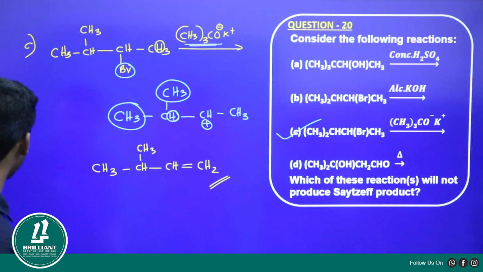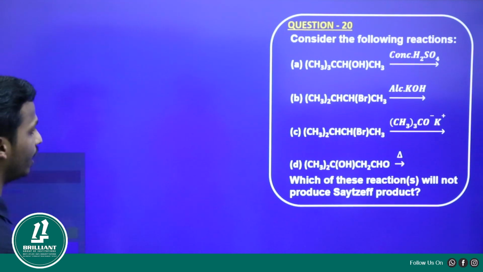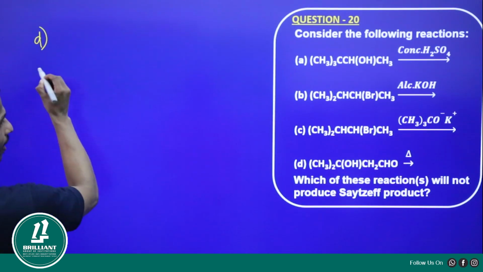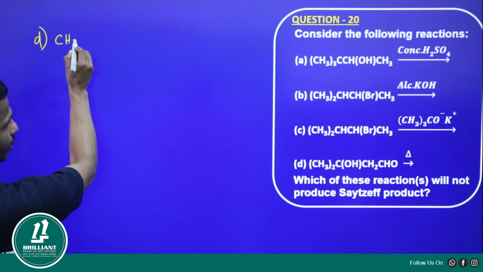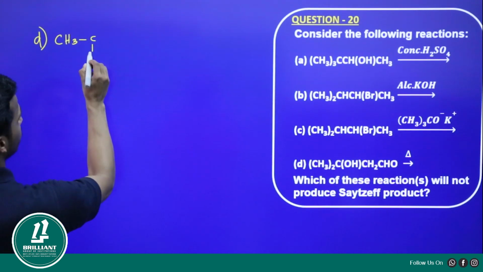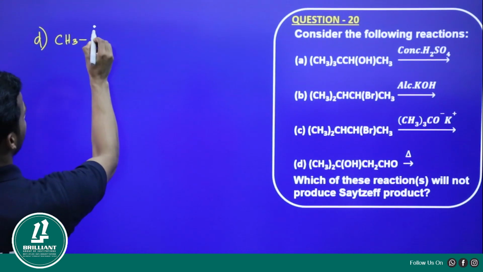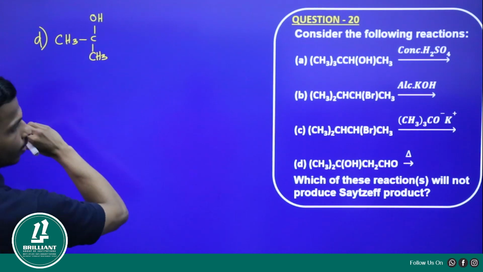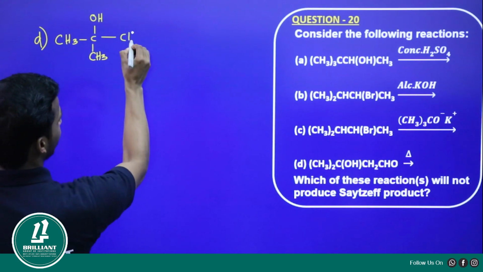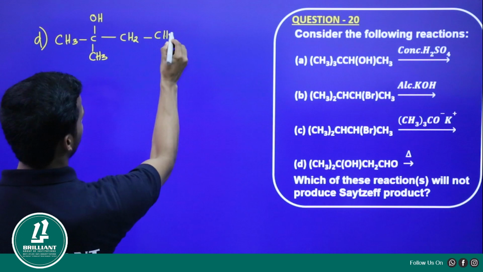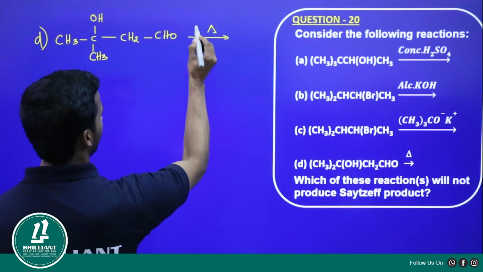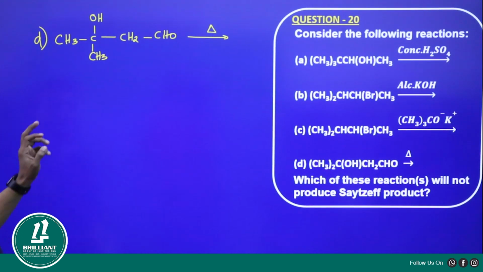Let me check it with option D also. What is the compound given in option D? It's given that CH3 twice, C in which one OH group, and then we have CH2CHO. It's on heating. What is this compound first?